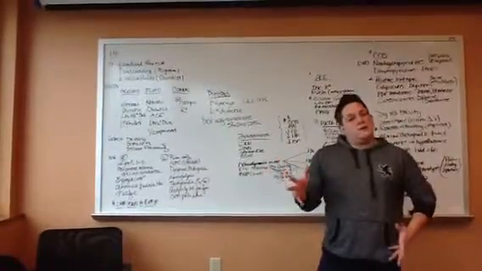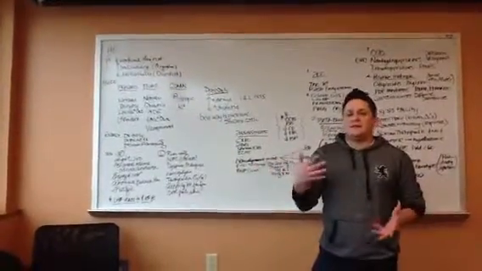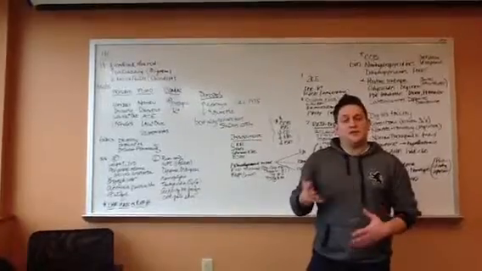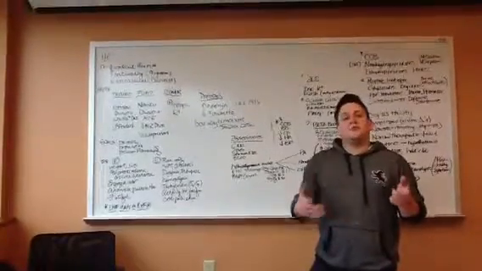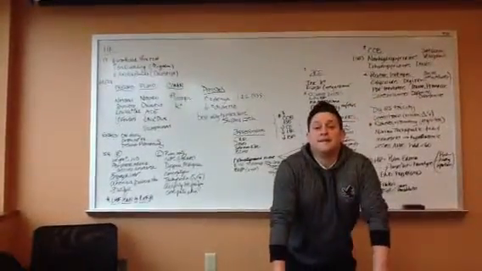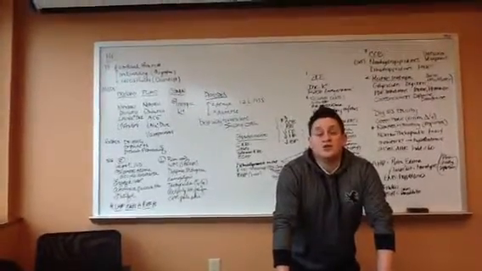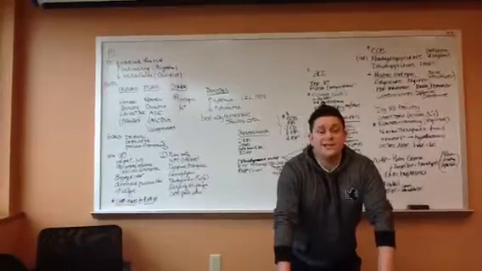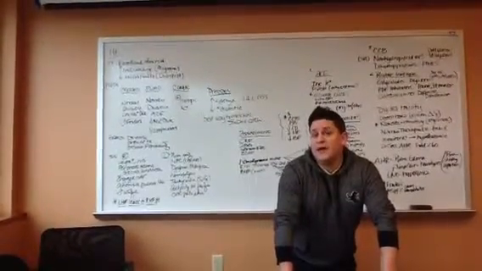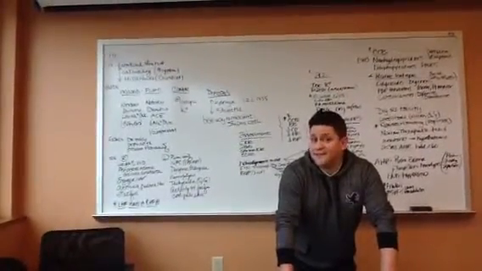We're going to talk about cardiohemodynamics. Basically, we're talking about cardiac output. As you know, cardiac output is measured by heart rate times stroke volume. And stroke volume has three components: preload, afterload, and contractility.